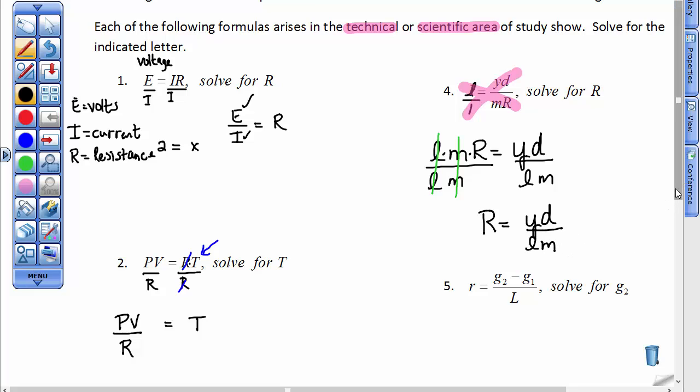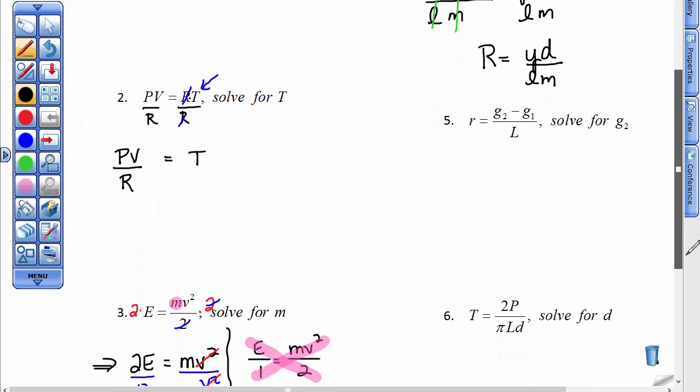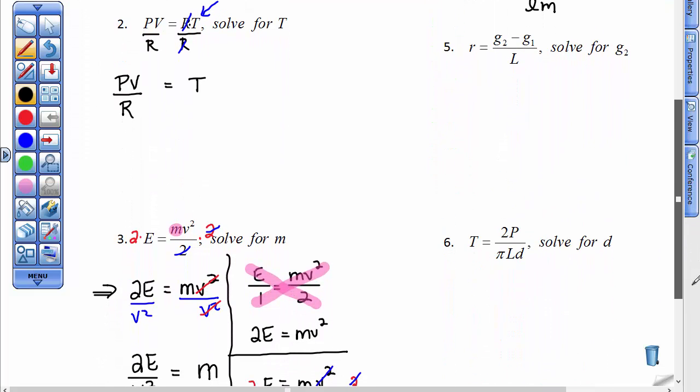So same thing goes with number 5 and number 6. To be honest, I think of this as r over 1, but really I just go ahead and bring this l over here. It'll be r times l, and then g sub 2 minus g sub 1.